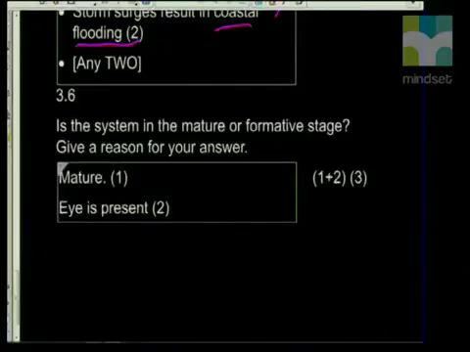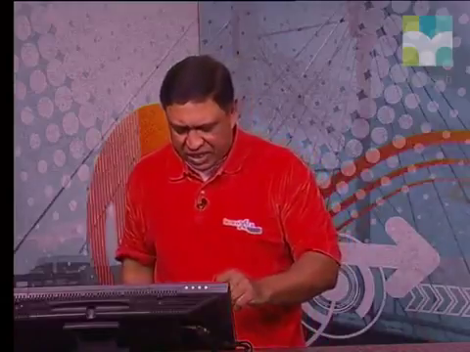Between formative and mature, you know it's the mature stage. So our answer there very quickly is the mature stage. That's 1 mark for that. The reason: the eye is present, or a tight band of clouds, but the most obvious one is the eye is present down there. So that's on a synoptic map.